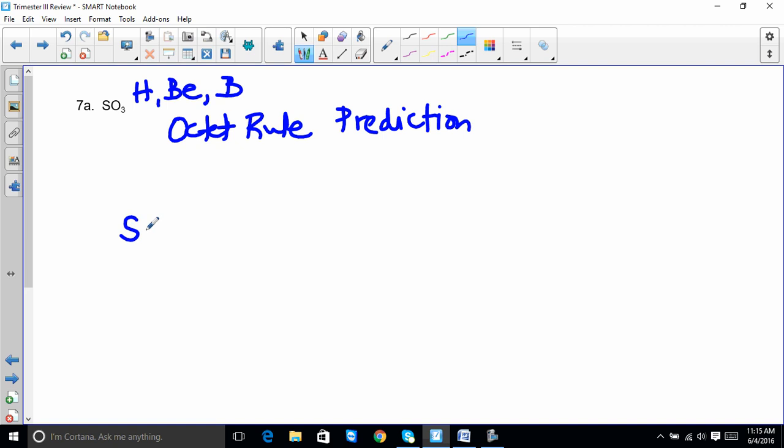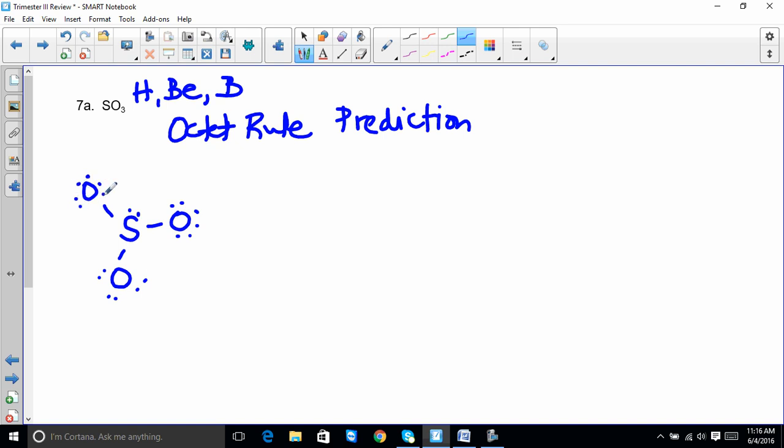If I do this, and I always just put them evenly spaced, this sulfur right now has 2, 4, 6, so I have to put 2, and this guy has 2, so I have to put 6, and this guy has 2, and I have to put 6, and this guy has 2, and I have to put 6.